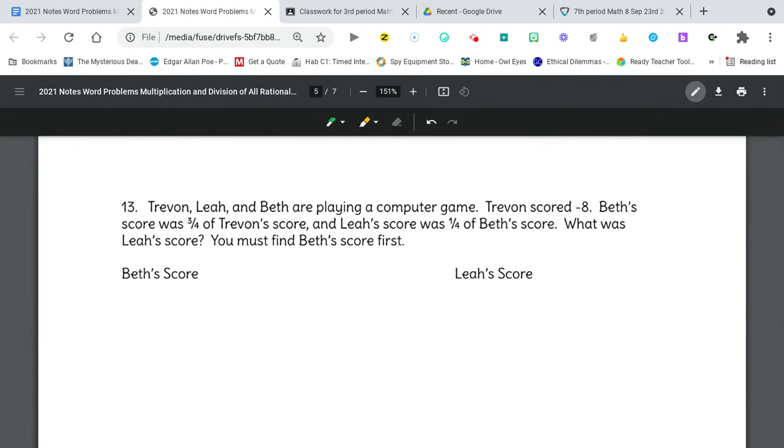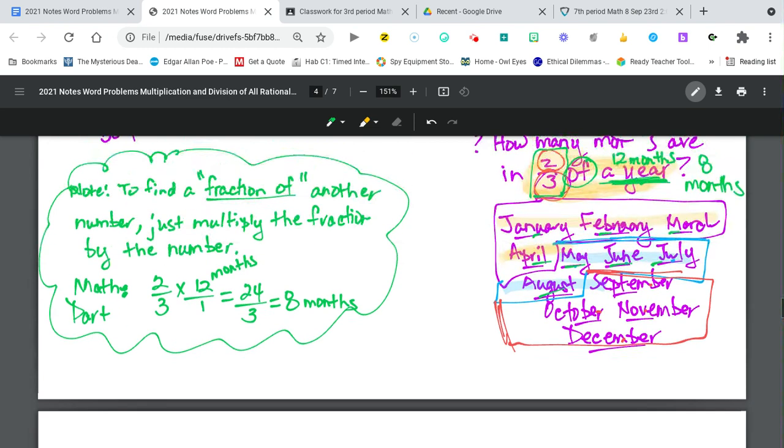13. Trayvon, Leah, and Beth are playing a computer game. Trayvon scored 8, and it should say 8 points, guys. Scored negative 8 points. Sorry about that. Beth's score was 3/4 of Trayvon's score. There we go. There's a fraction of another number, just like we talked about up here.